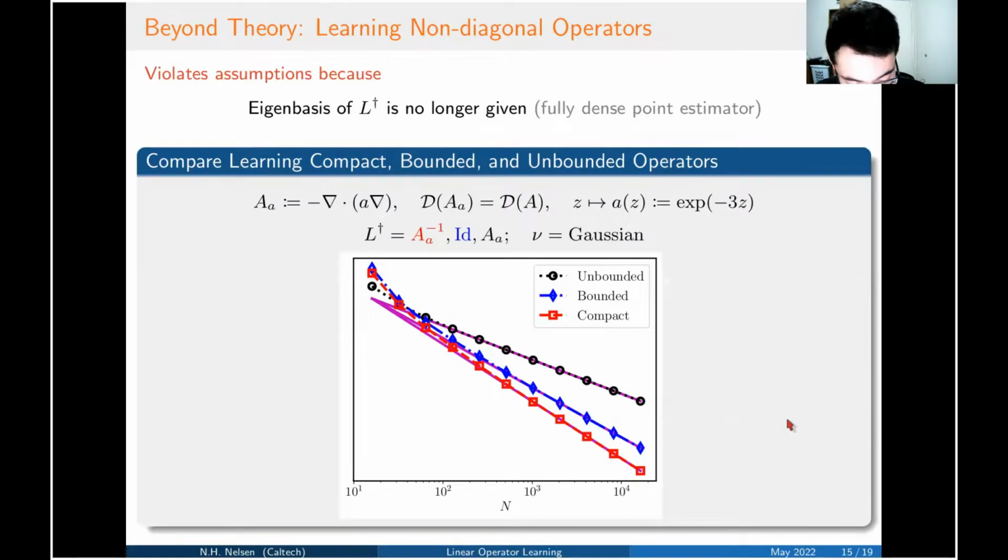Okay, so in the last 5 or so minutes, I will show you what happens when we go beyond this diagonal setting to maybe a more realistic setting where you don't know anything about the operator and you just need to learn a representation of it in a basis. So we're going to learn non-diagonal operators here. What does this mean?